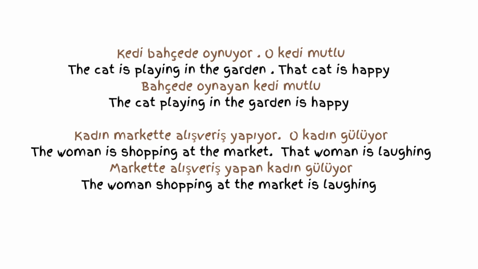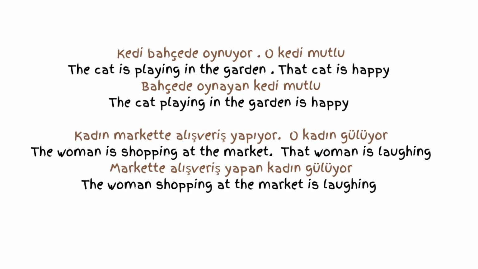As we mentioned, we're gonna begin from the first sentence, mentioning the object, which is markette, in the market or at the market. What she's doing, alışveriş yapan, followed by the subject, which is kadın.